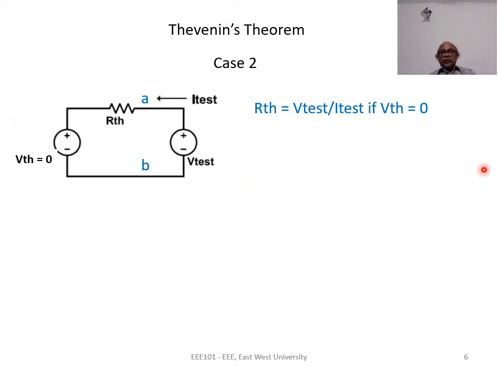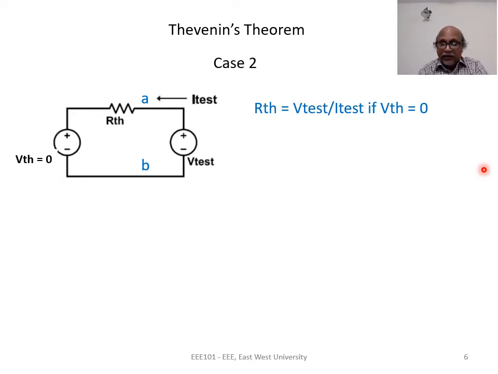But the question is, how do I make VTH equal to 0? Remember that VTH is equal to VOC, the open circuit voltage. The open circuit voltage between node A and B is due to the contributions of all independent sources within the two-terminal circuit.